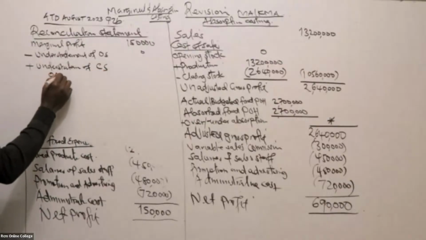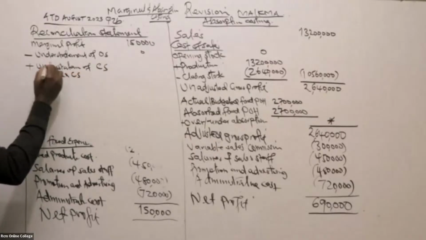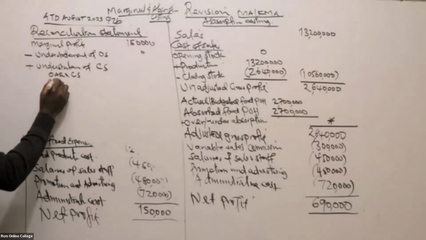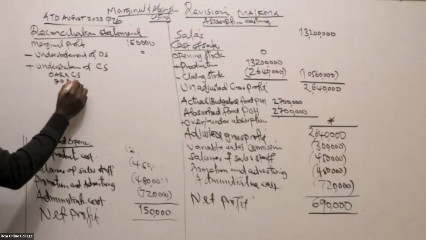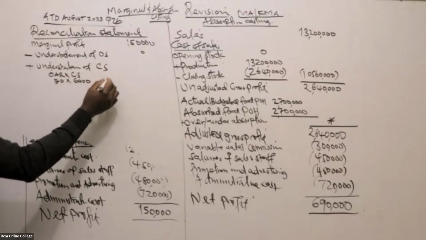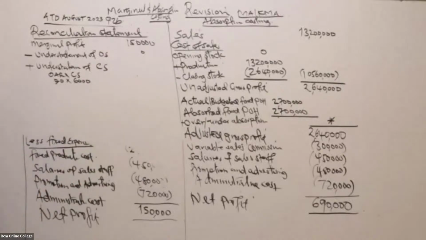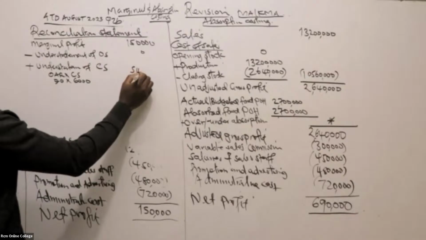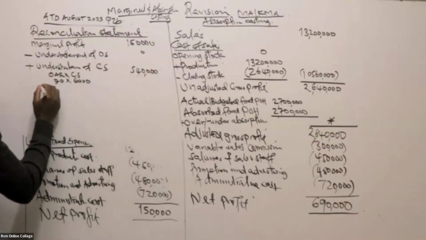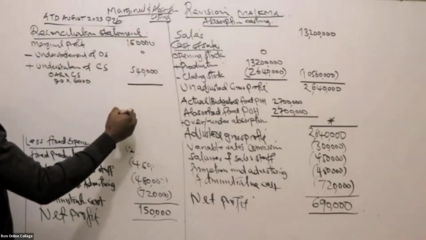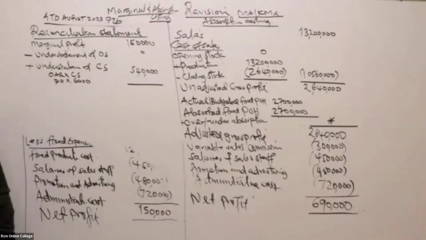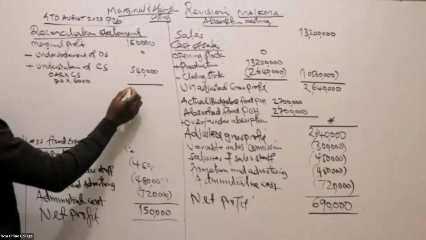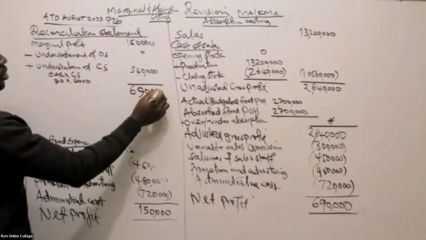How do you get the understatement? You take overhead absorption rate times closing stock. Our overhead absorption rate was 90. We multiply by closing stock, which is 6,000. 90 by 6,000 is giving us 540. Remember, we are adding. 150 plus 540 will give us 690,000.